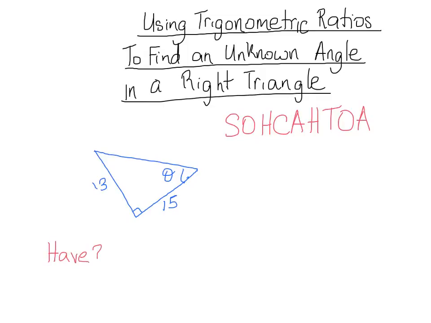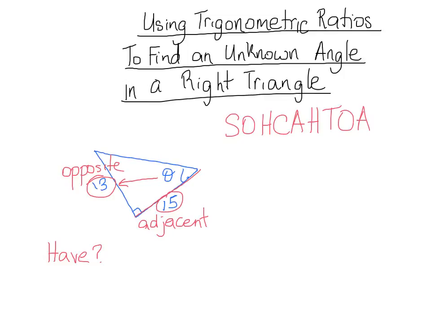We have two things now. We have that side. That side is opposite the angle in the question that we're looking for. And we also have the side that is right next to it. So we have the adjacent. What we don't have, we don't really care about, but we don't have our hypotenuse.